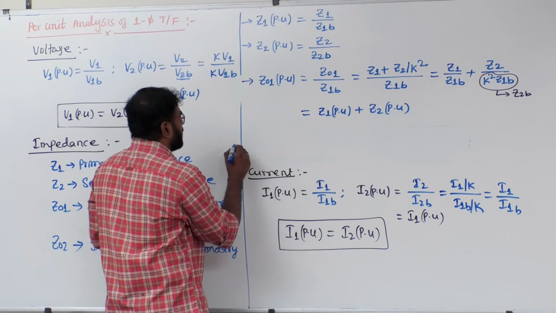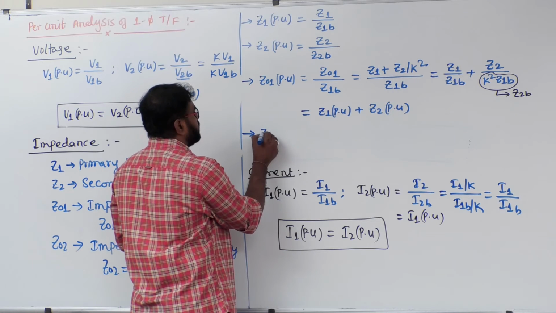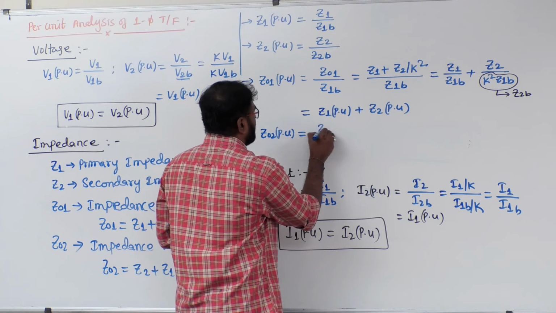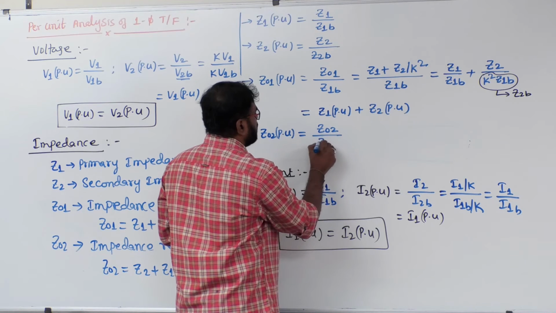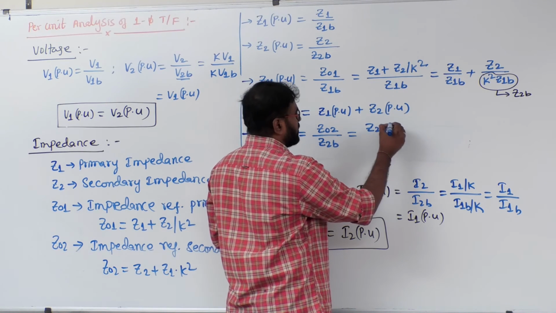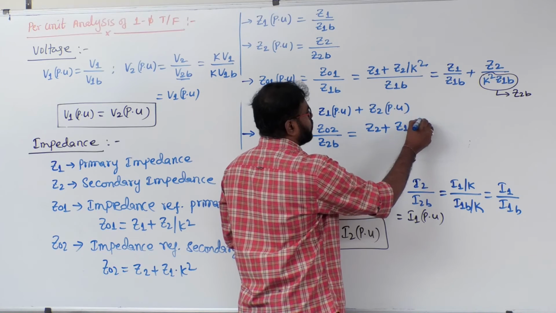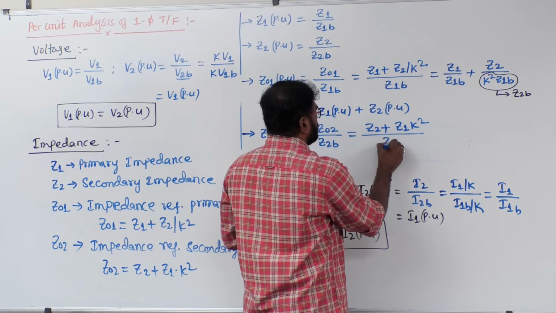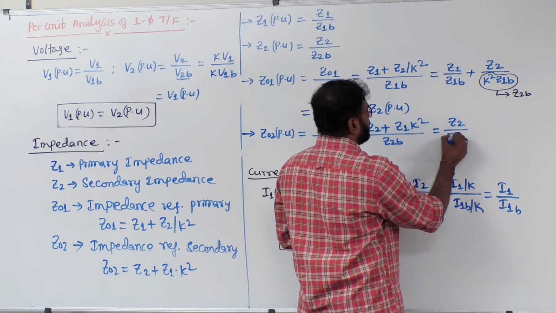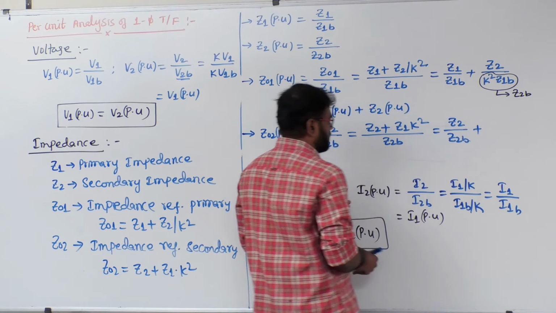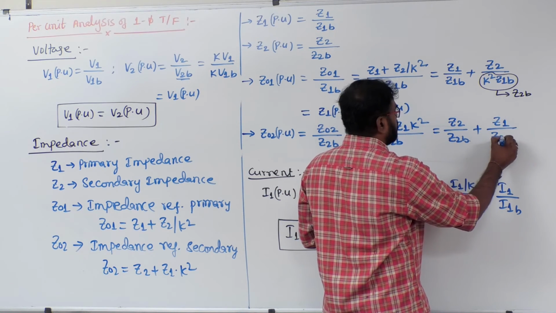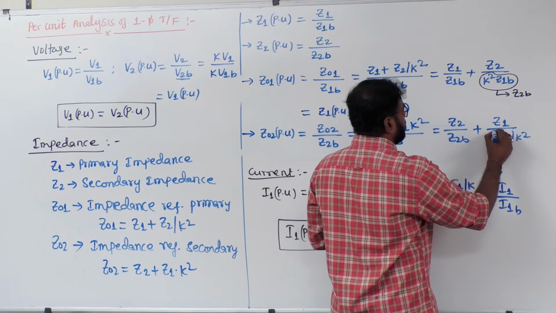Anyway, what is Z02 per unit? Z02 per unit is Z02 by Z2 base. That is equal to Z2 plus Z1 into K square by Z2 base. I can write Z2 by Z2 base plus Z1 divided with Z2 base by K square.